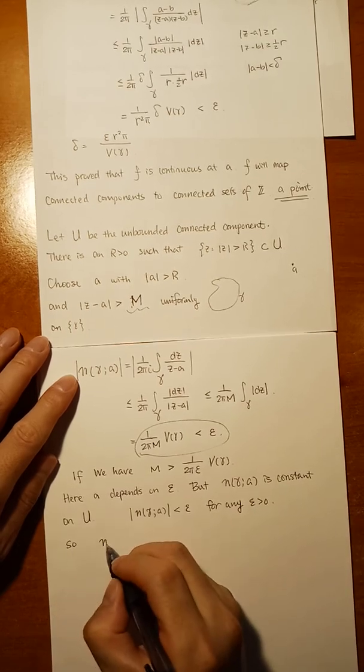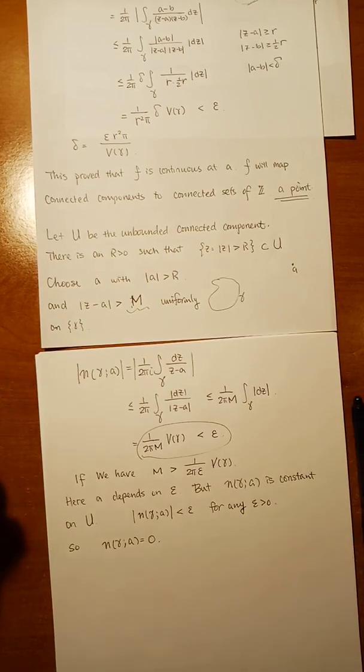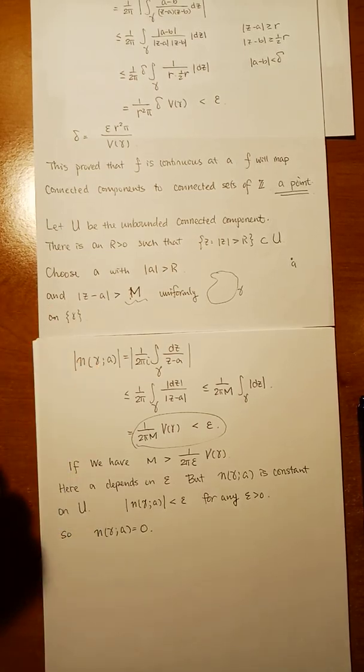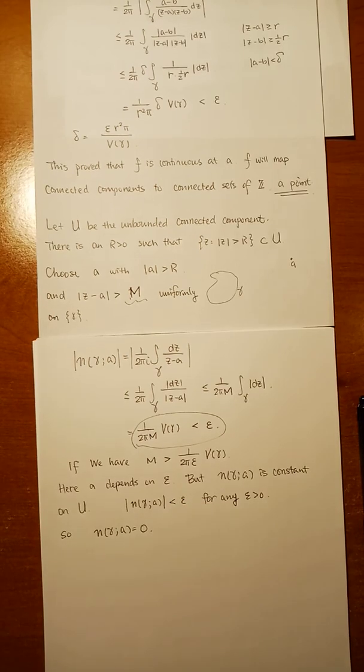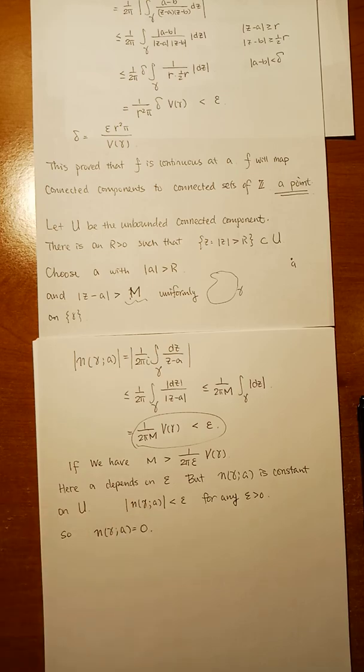So this quantity must be 0, right? So even though in the writing it depends on a, the first part of the proof already shows that over this connected component, the choice of a is not that important.